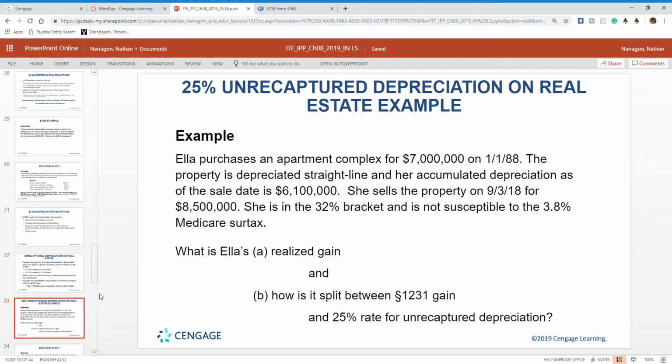She sells the property on September 3rd, 2018 for $8,500,000. She happens to be in the 32% bracket, and I believe that because that's a lot of money. So we want to know what is her realized gain and how is it split between Section 1231 and the 25% rate.